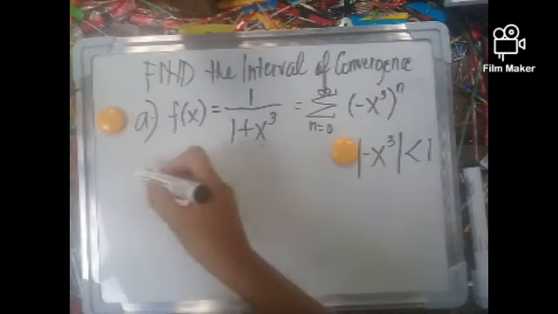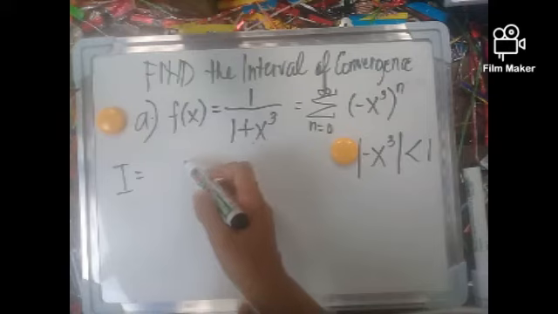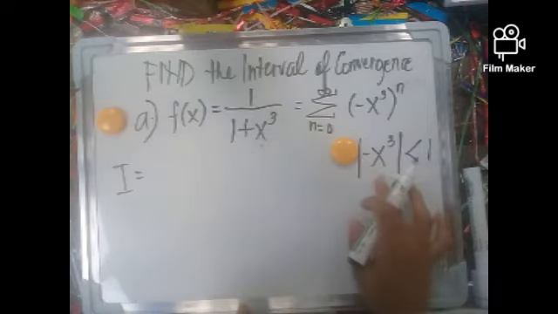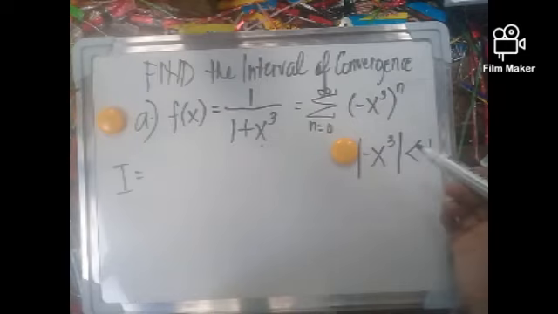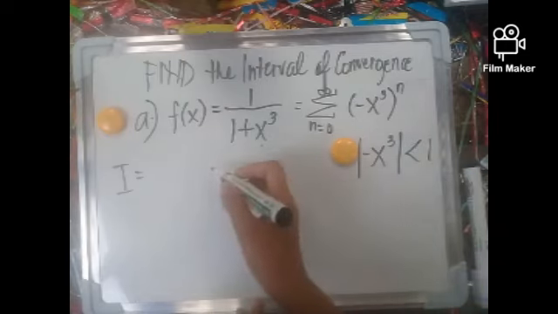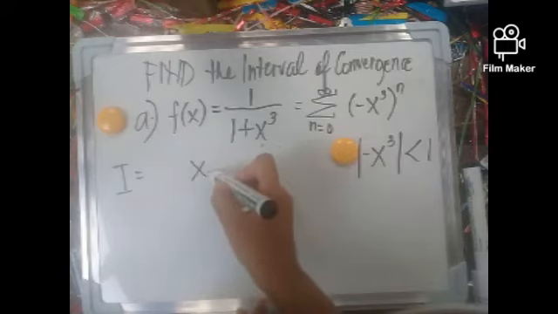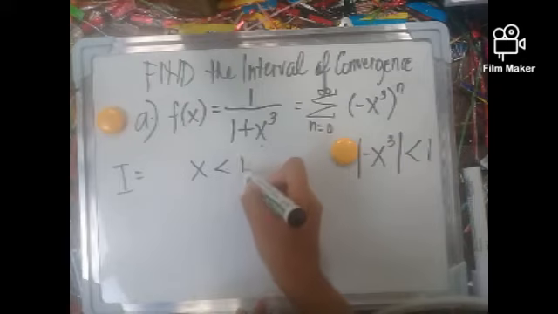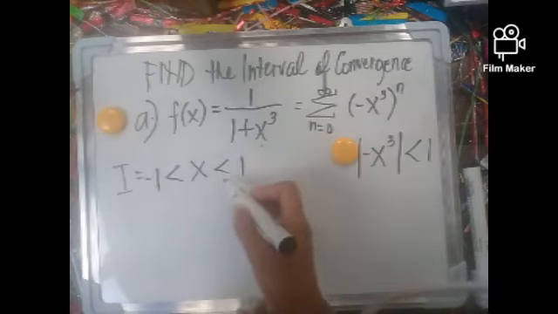So, sa pagkuha natin ng interval of convergence, again, pag may exponent yung nasa loob, hindi natin kailangan isama pa yon. So, we have x is less than 1 but greater than negative 1.